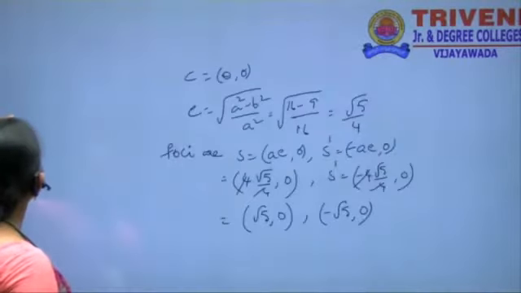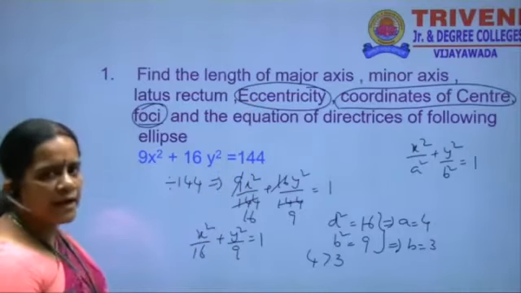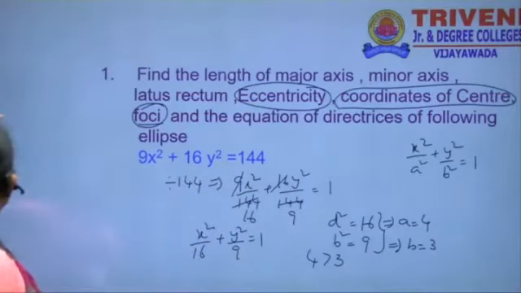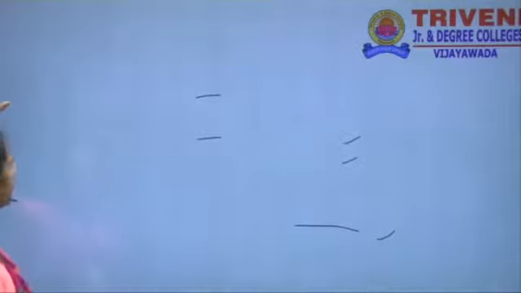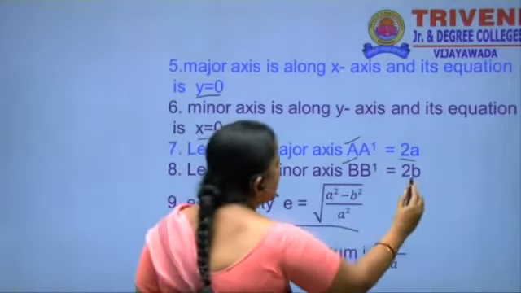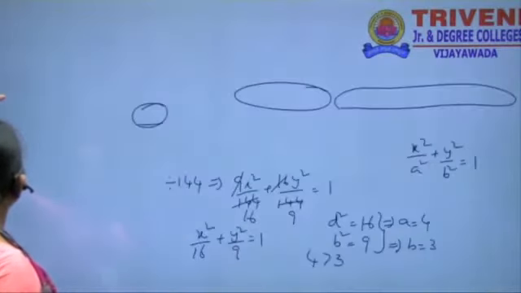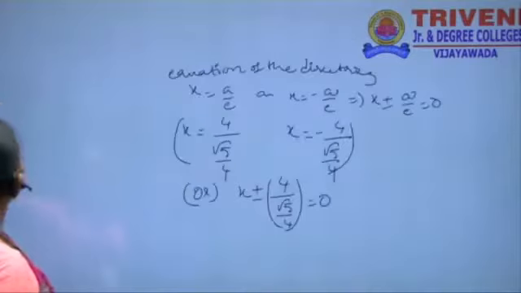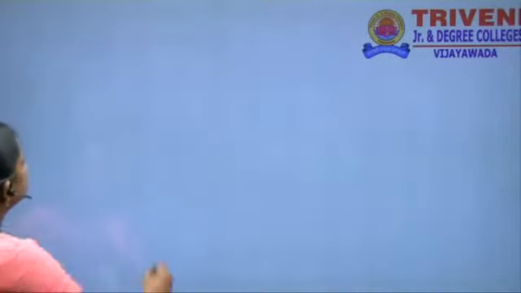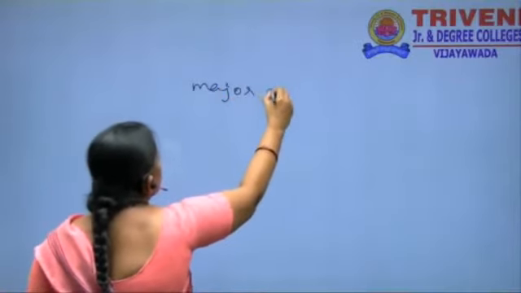And again they will ask the length of the major axis and minor axis. The formula of major axis is 2a and minor axis is 2b. Major axis is 2a.